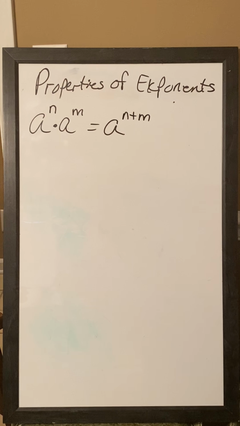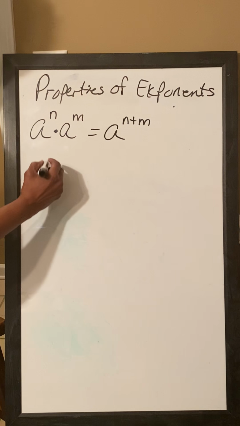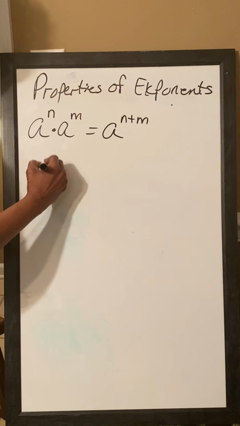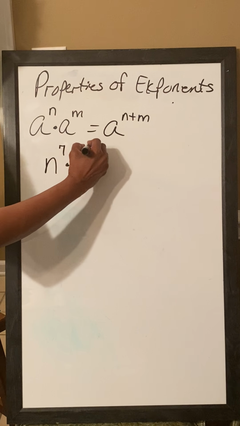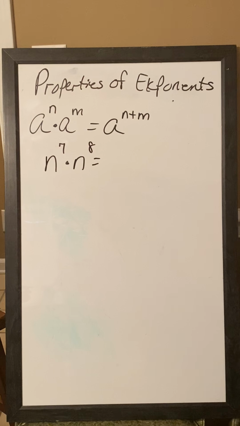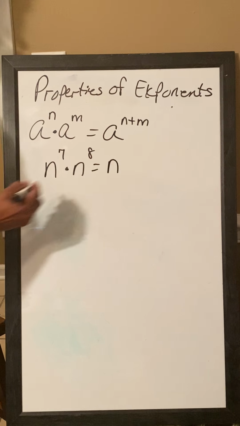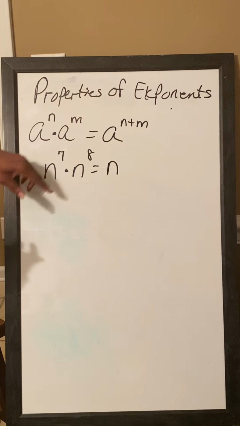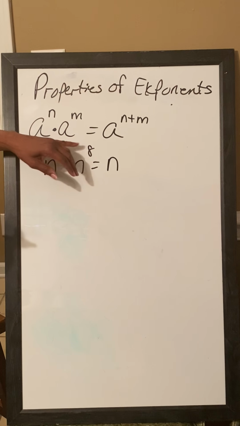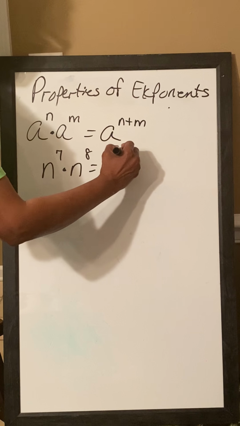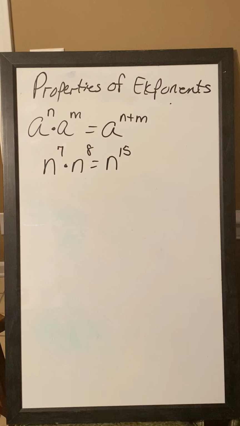For example, if I had n raised to the 7th times n raised to the 8th, the base in this problem is n, so I'll bring my n over, and the rule tells me to add my exponents. So I'm going to add my 7 and my 8. When I add 7 and 8, I get 15. So when I multiply like bases, I'll add exponents.